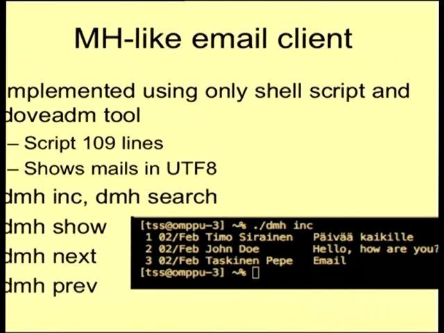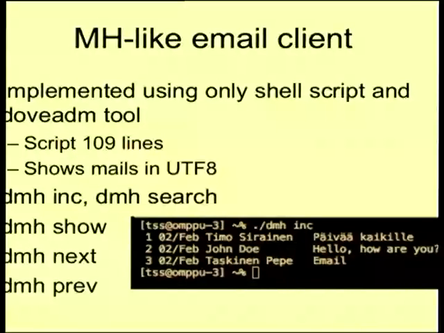I remember the MH mail client from a long time ago, so I took some of its commands and made the script use them. The nice thing about this is that Dovecot has all these different functions, so it's really simple to do stuff like converting emails from whatever character set format to UTF-8.